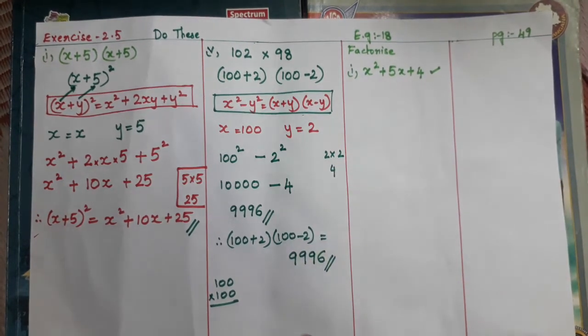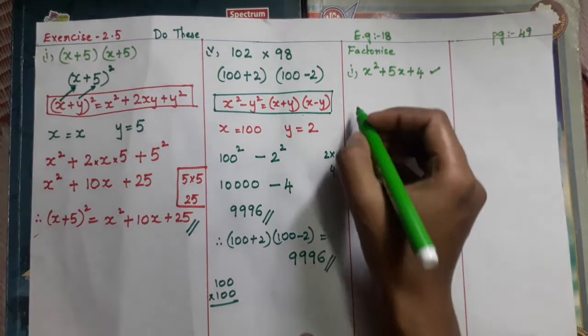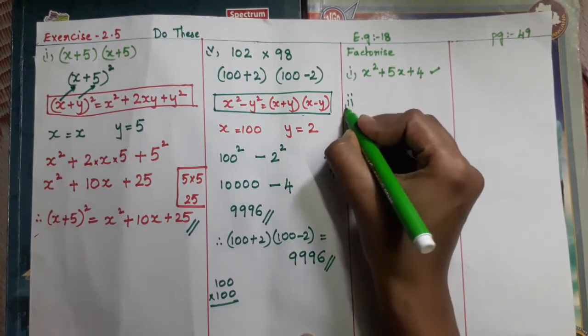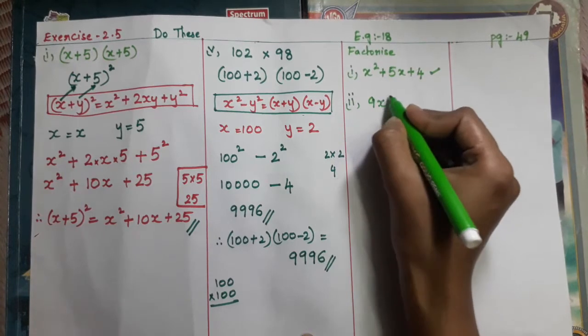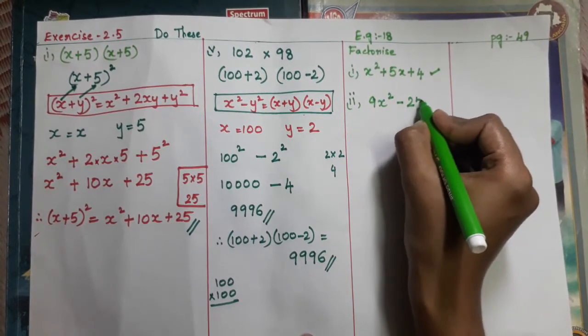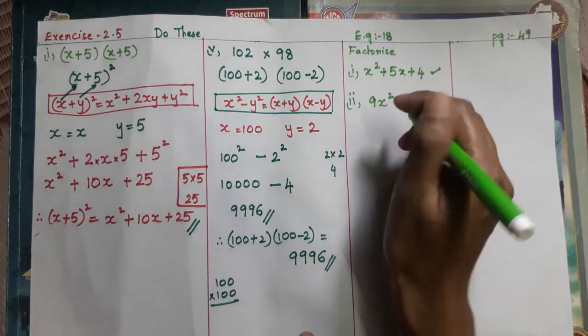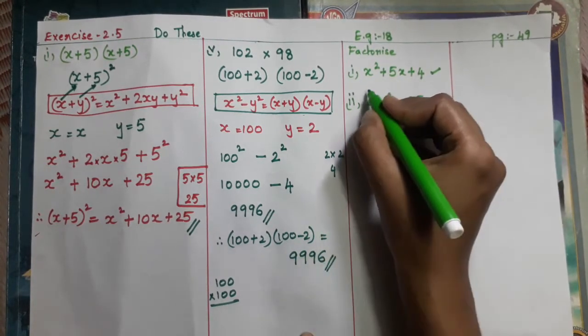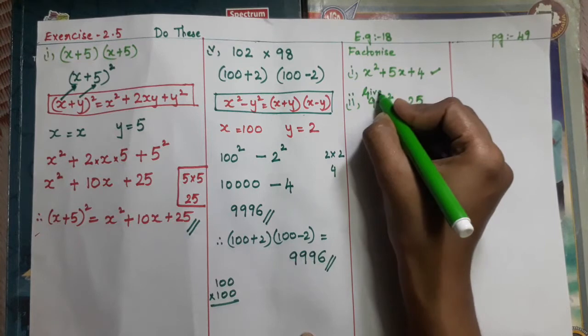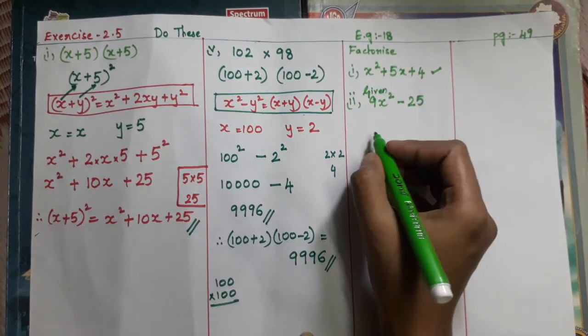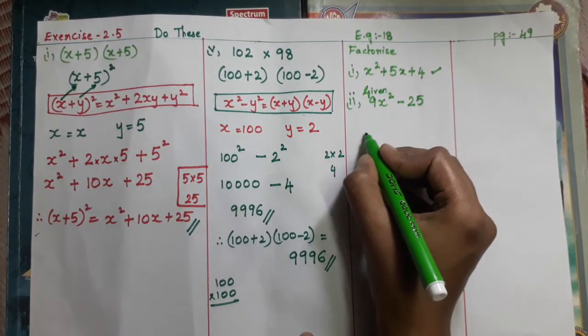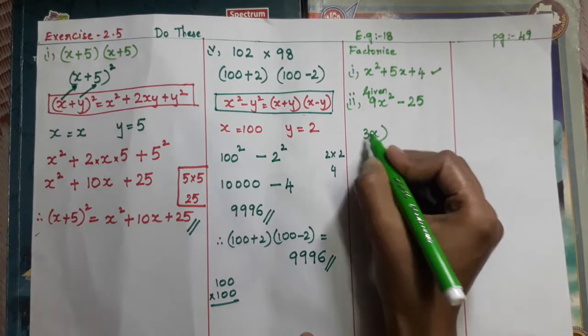Now I am going to show you the second bit. The second bit is 9x square minus 25. Now, for 9, how can we write it in square, children? We can write 3x whole square.